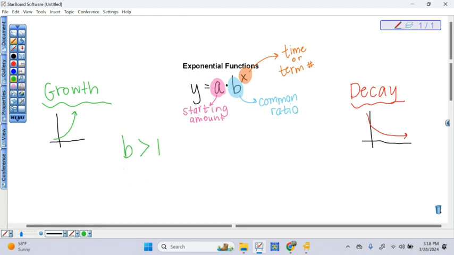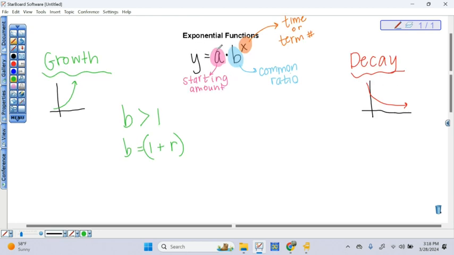To find B for growth, we take 1 and add on the growth rate, usually a percentage. So when B is 1 plus R, my equation becomes y equals A times 1 plus R raised to the x power.